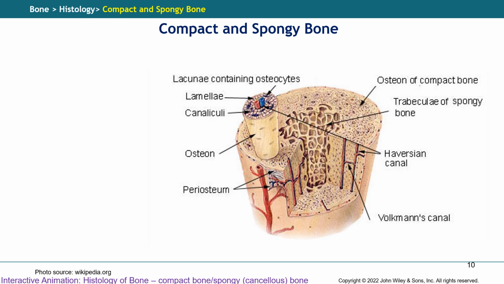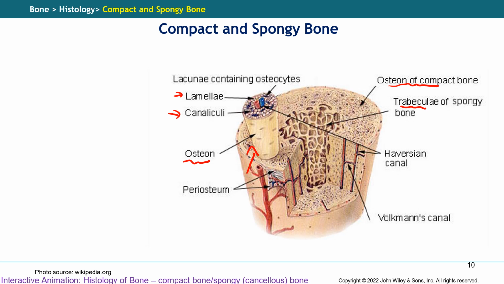So here you can see in this diagram the two key structures that I wanted to show you, the osteon and the trabeculae. Here you have one osteon explained in a lot of detail, so it has all these other structures that right now are not important. What is important is that there is not one, there are multiple osteons.